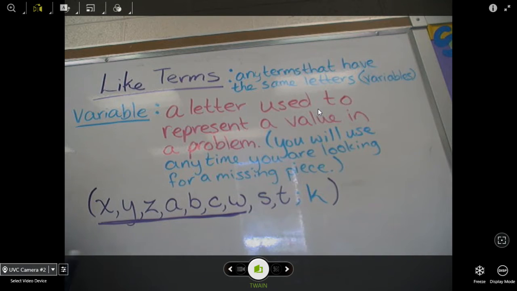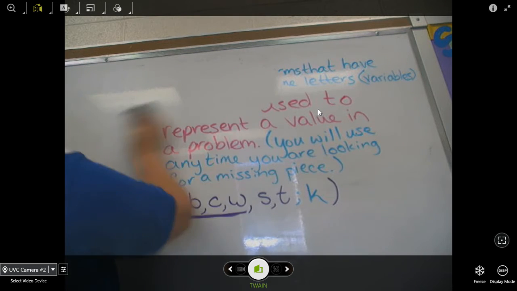So that's the mathematical way to look at it. But before we go any farther into that, let's look at some things in real life that we could use. All right, so we're going to erase this.